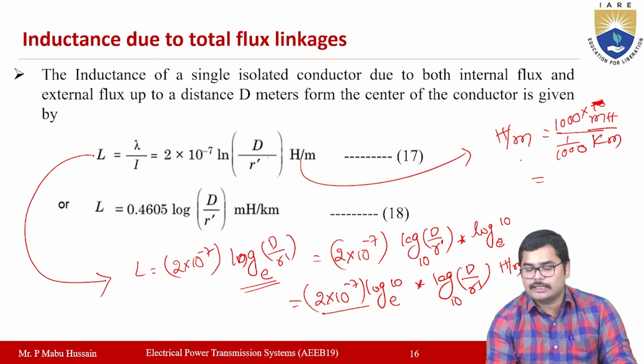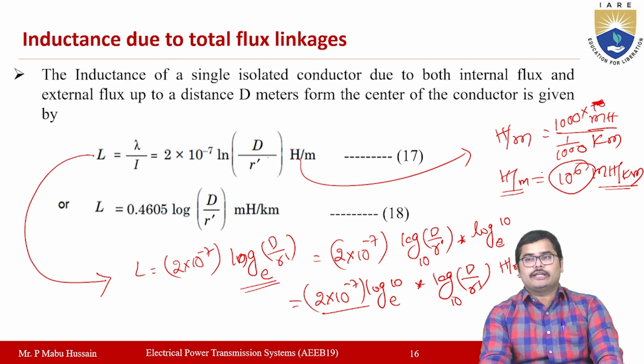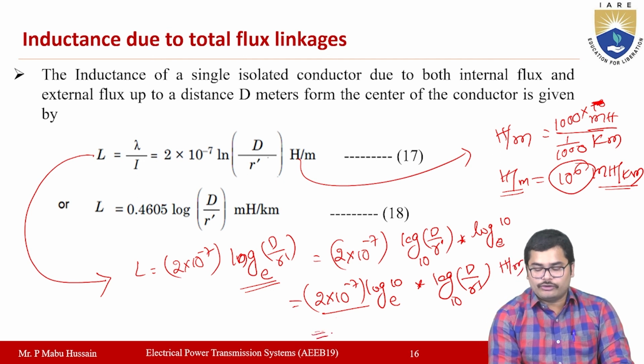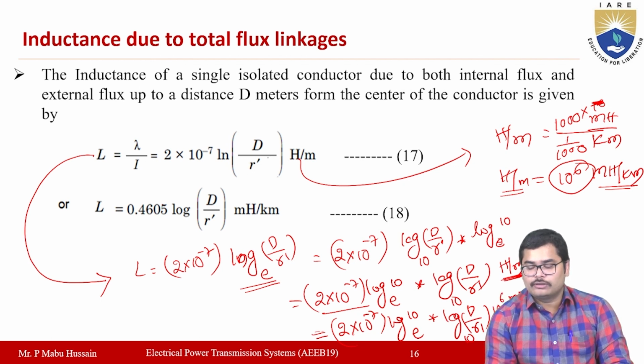So from this, henries per meter will be equal to 10^6 millihenries per kilometer. If you want to convert henries per meter to millihenries per kilometer, you have to multiply henries per meter by 10^6. Now if you write this expression again, 2 into 10^-7 log 10 to the base e multiplied by log d by r dash to the base 10, in place of henries per meter you can write 10^6 millihenries per kilometer.